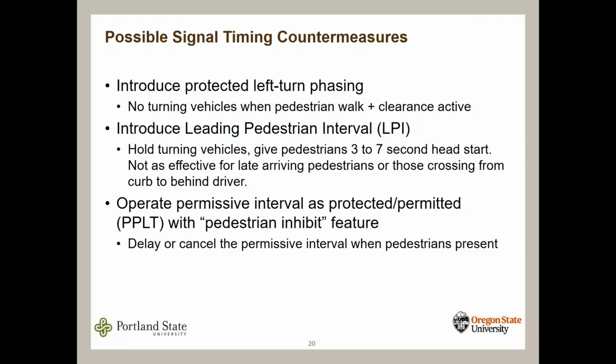So the data and the research are quite clear that implementing a protected left turn phase where there are no turning vehicles over that pedestrian parallel path is clearly a safer alternative for both the turning vehicles and for the pedestrians. So that's definitely one option.